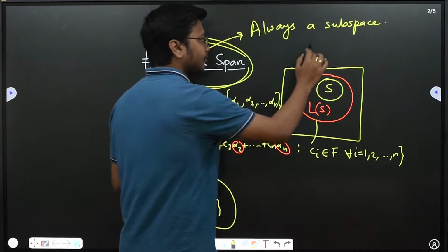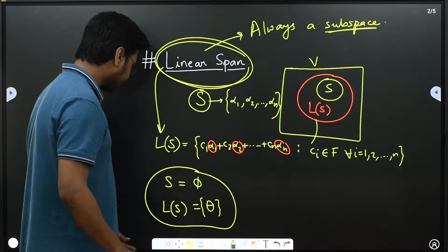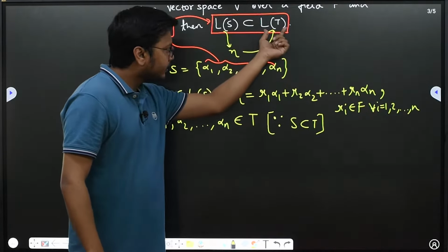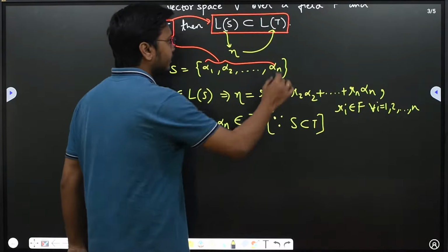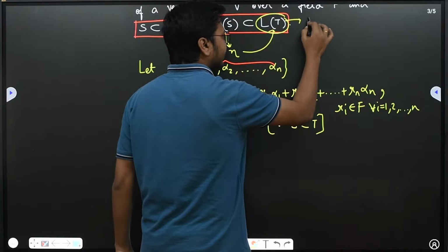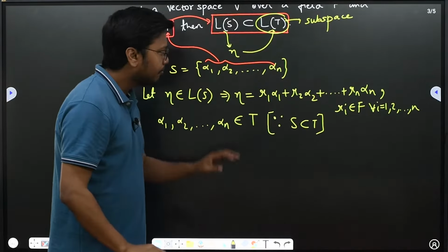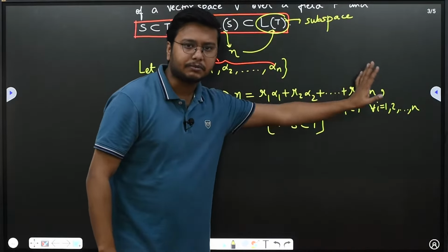So it's always a subspace by default. So L of T is also a subspace in that case. We know L of T is definitely a subspace and it's the smallest one containing the T set. But our important thing is that it is a subspace.